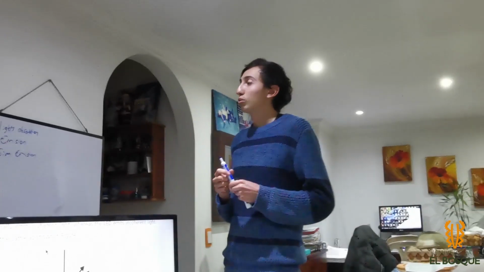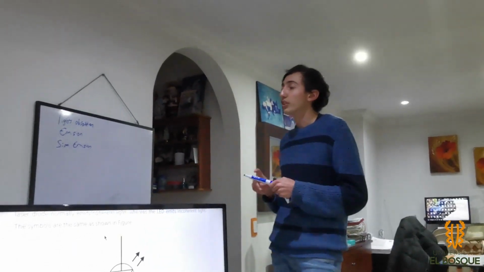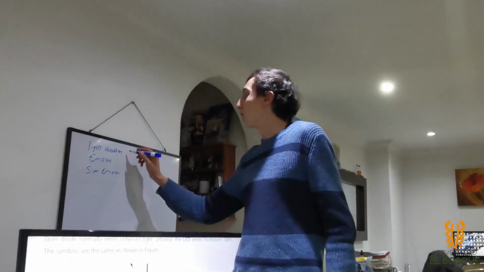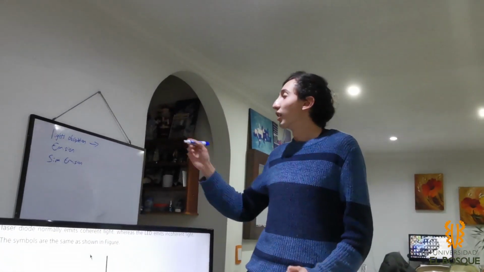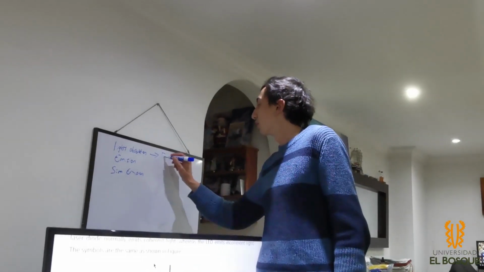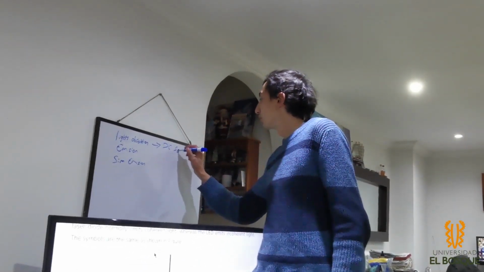So what are these? Basically, light absorption is when we have external sources like a DC source.